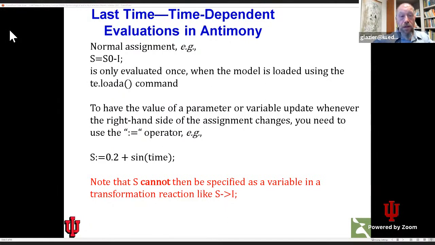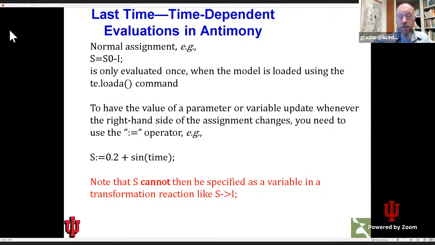And so you have to be a little bit careful. I think somebody had a comment in one of their homeworks that they ran into a situation where they were trying to do a parameter sweep of a parameter like S0, and it wasn't doing anything. And this is why that is the case.